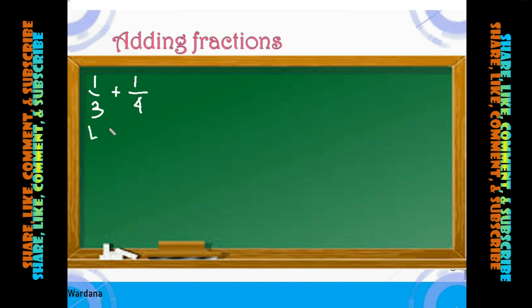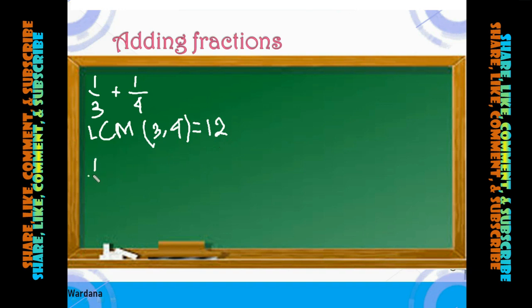The LCM of 3 and 4 is 12. Because you know the LCM of 3 and 4 is 12, you have to try change the first fraction or the second fraction to put 12 as the denominator.